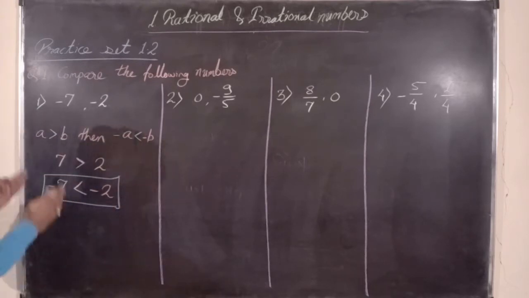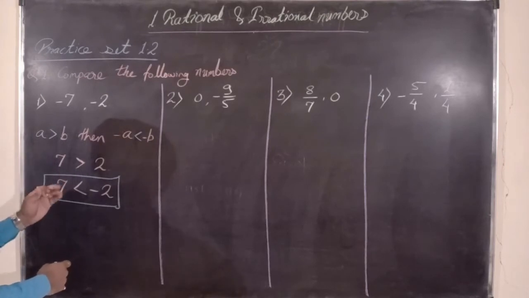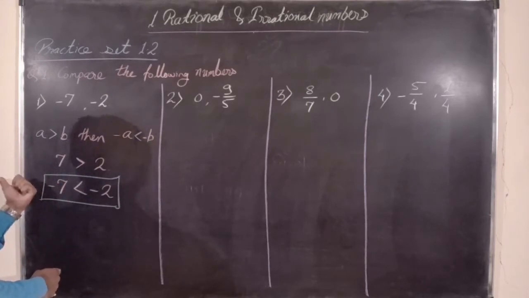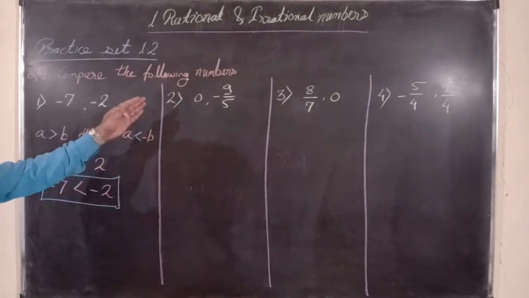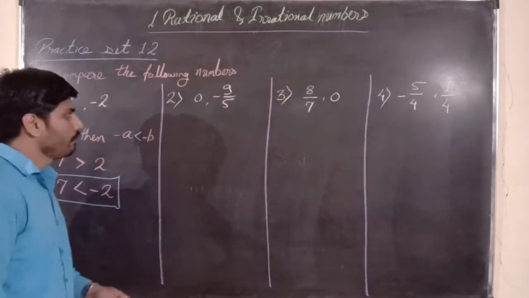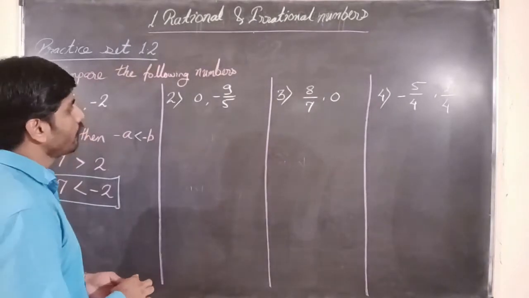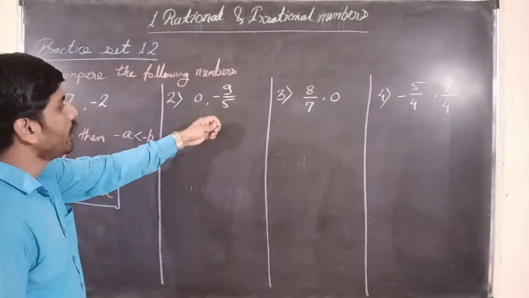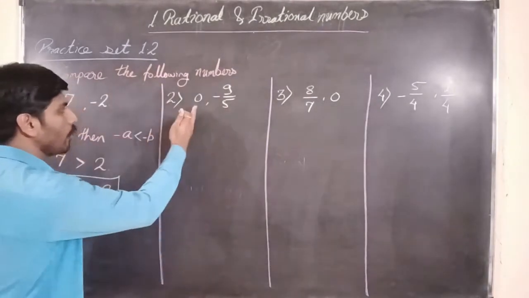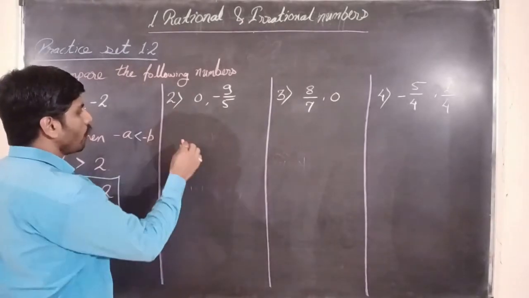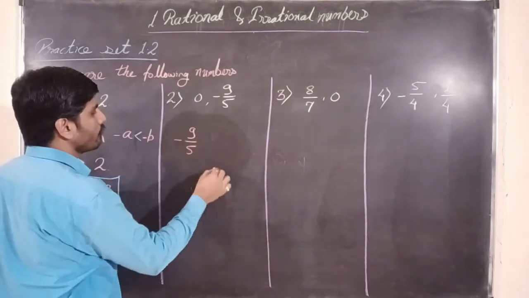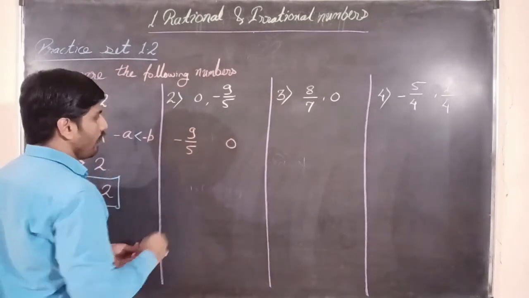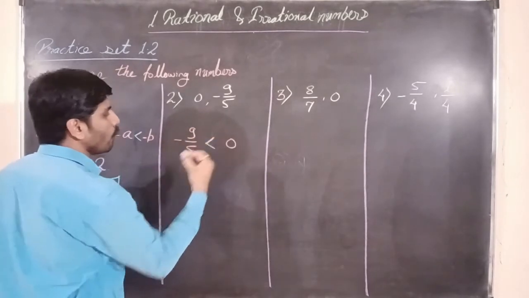And we know that on the real number line, negative 7 is present on the left hand side of negative 2. In this second example, we know that all negative numbers are present on the left hand side of 0 on the number line. So obviously negative 9 by 5 is less than 0.